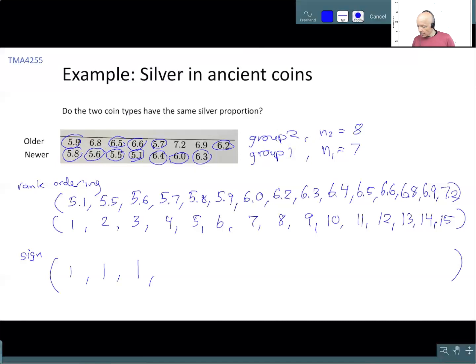And then 5.8 was also from group 1. 5.9 was from group 2. 6 was from group 1. Group 2, group 1, group 1. And then the rest are from group 2. So how many ones do we have here? 1, 2, 3, 4, 5, 6, 7, and that's what we should have.